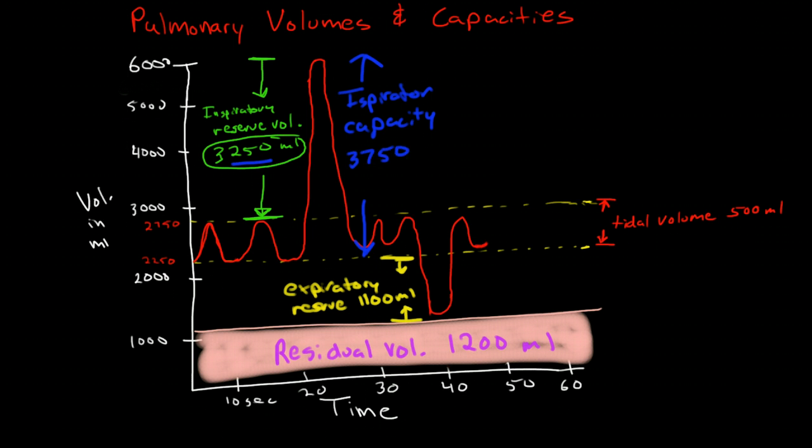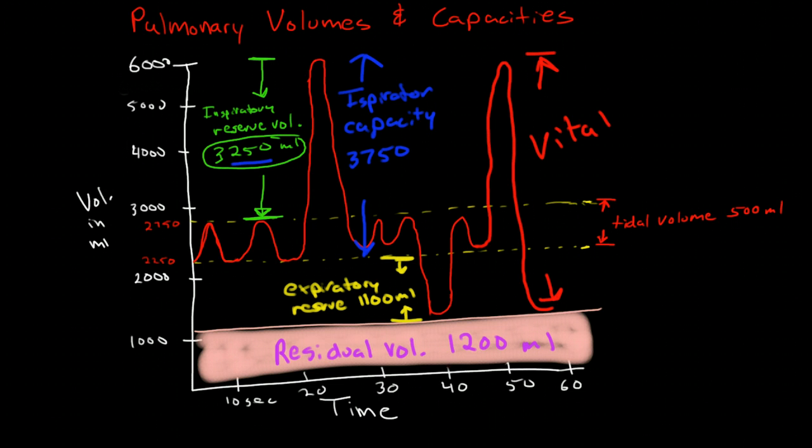Now, if I asked a person to take the biggest breath they could in and then exhale forcefully until their lungs were completely as empty as they could make them, inhale the biggest breath they could and exhale as much as they could, this area here would be called the vital capacity.